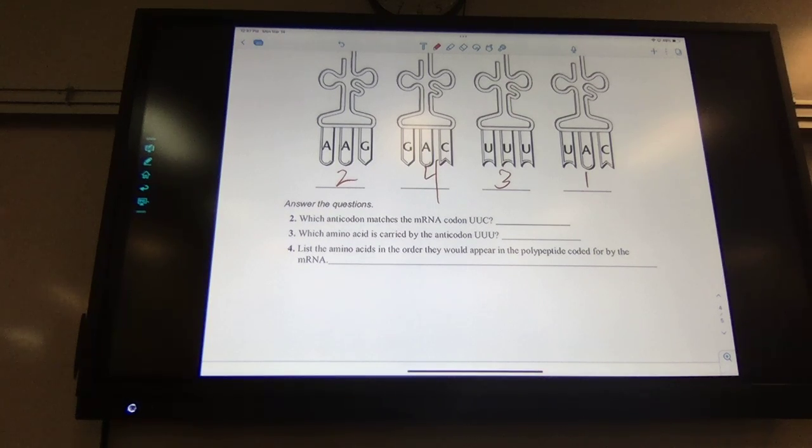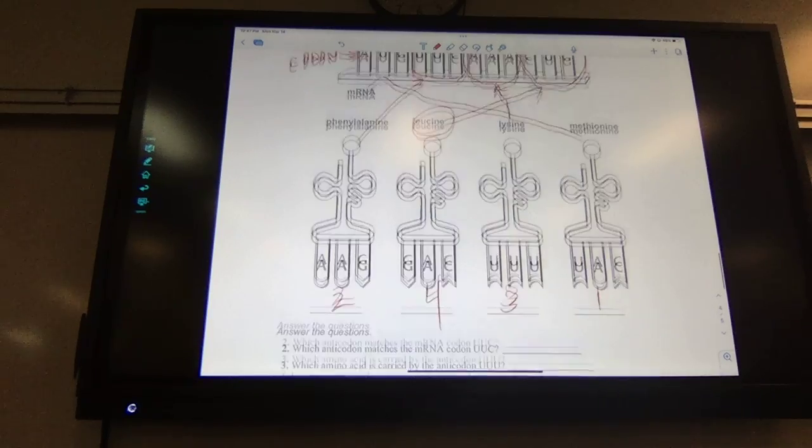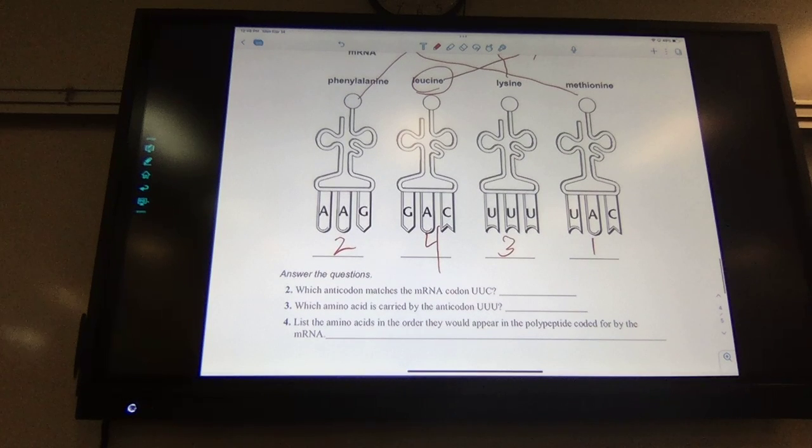Which anticodon matches the messenger RNA codon UUC? So remember the base pairs, C goes with G and A goes with U. It's not too hard to remember those, just two things to memorize.